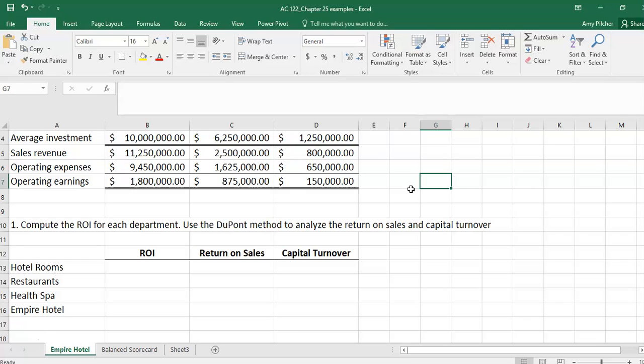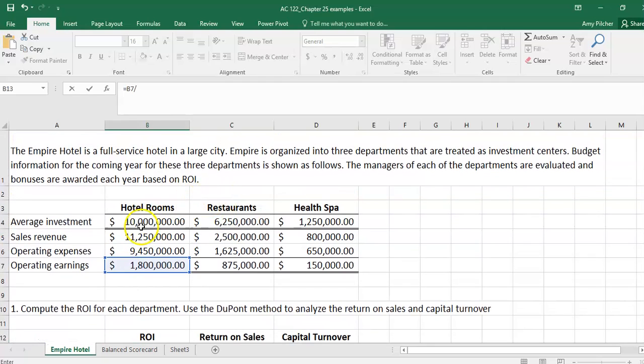We can look at the return on investment and we can use the DuPont method. With the DuPont method, we look at return on sales and capital turnover. Return on sales times capital turnover equals the return on investment. To calculate return on investment, we take the operating earnings of the organization divided by their average investment.